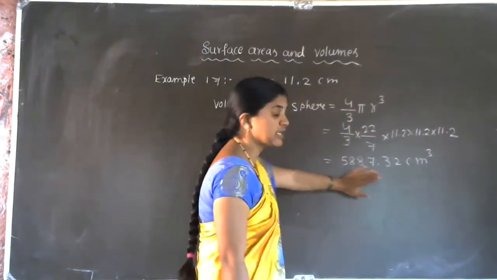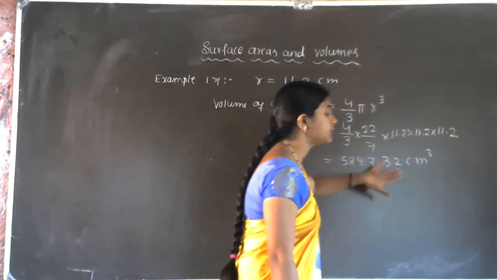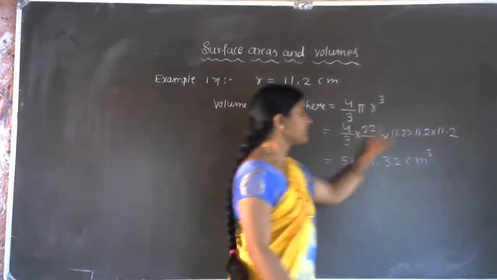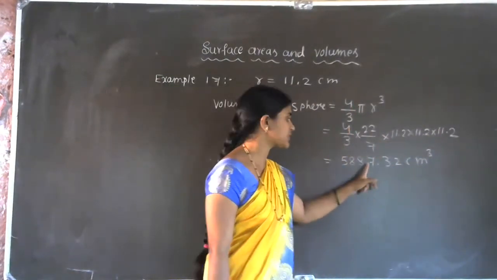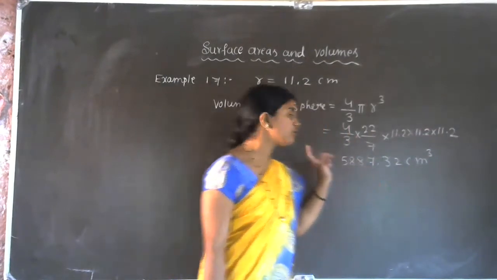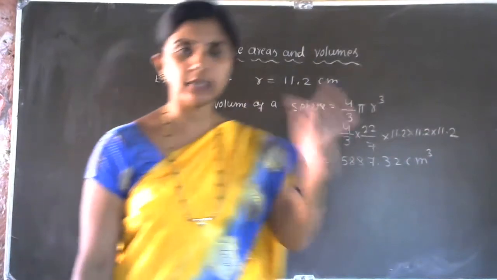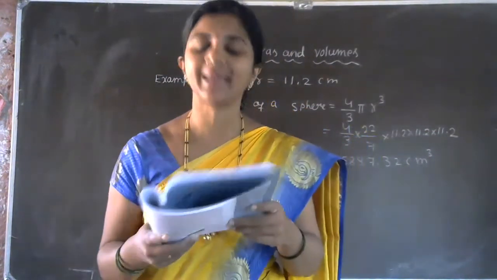After the simplification, the final answer is 5887.32 centimeter cube. You all know these simplifications, so just do the simplification and get the answer 5887.32 centimeter cube.